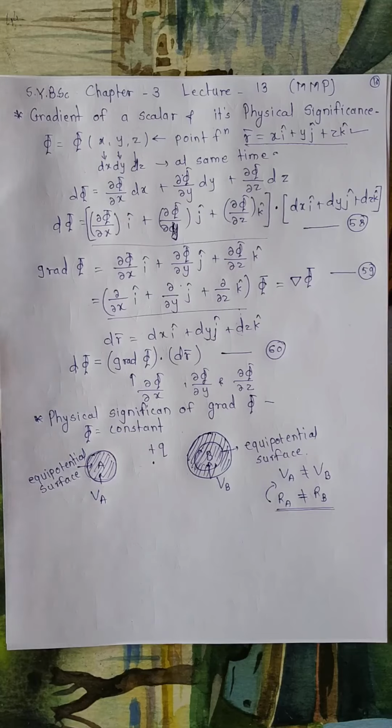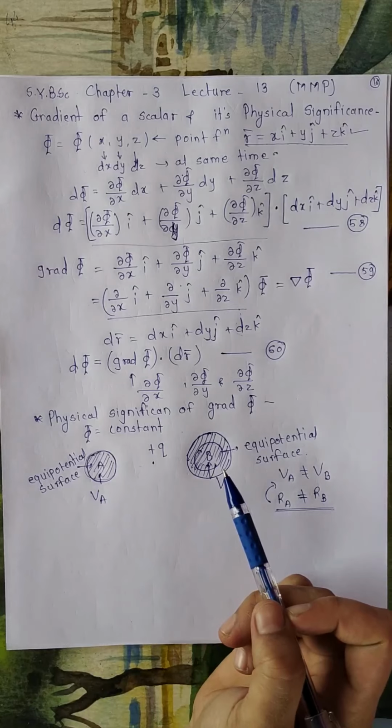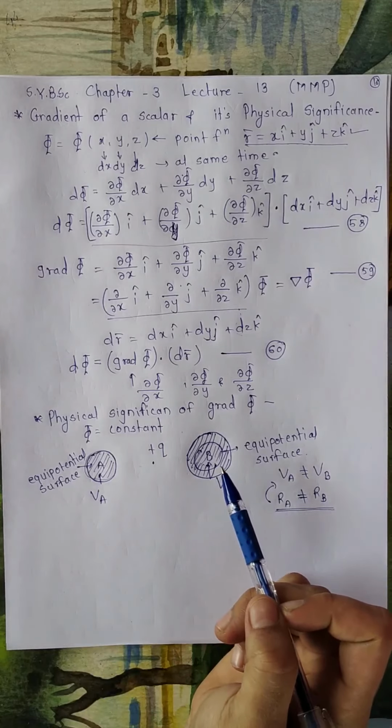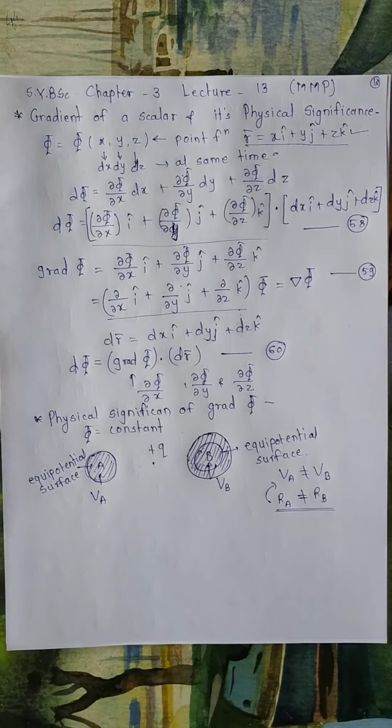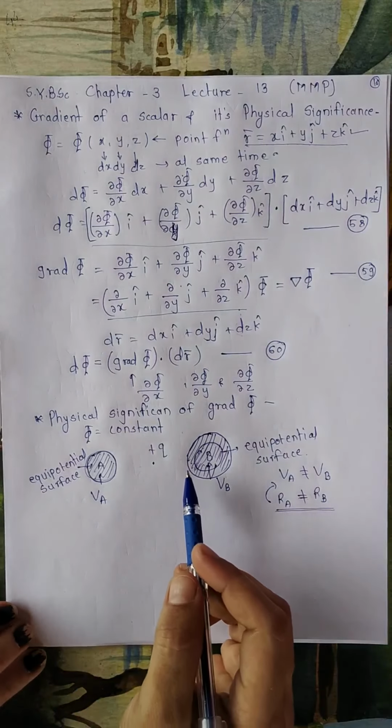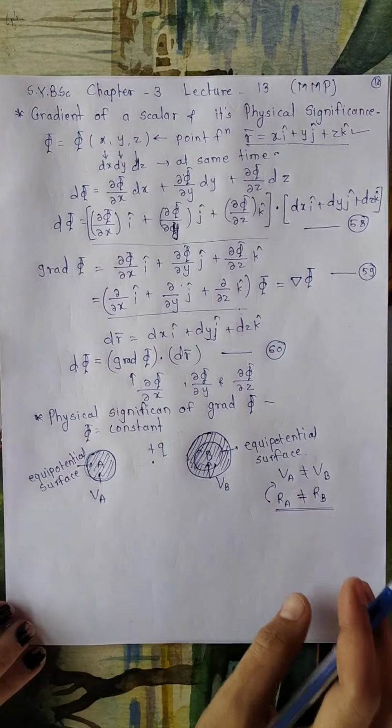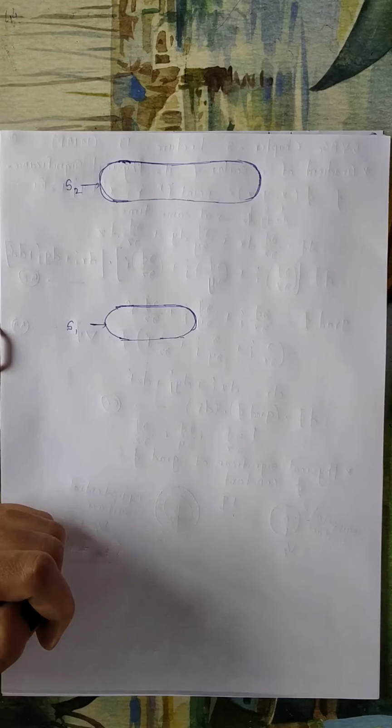Now, to understand this in detail, we will consider the significance of grad phi. So to study this significance of gradient of phi, we will consider two level surfaces S1 and S2 which are very close to each other. Let me draw those surfaces on the next page and then we will do further discussion.